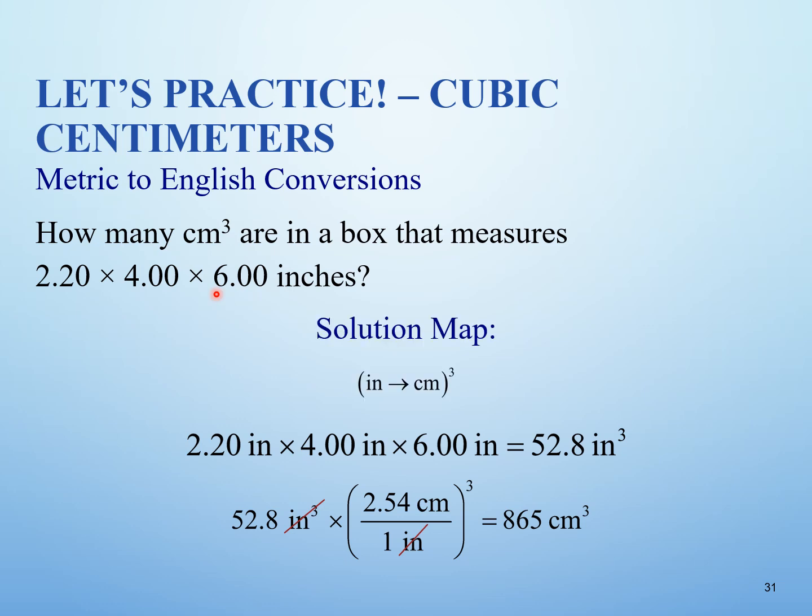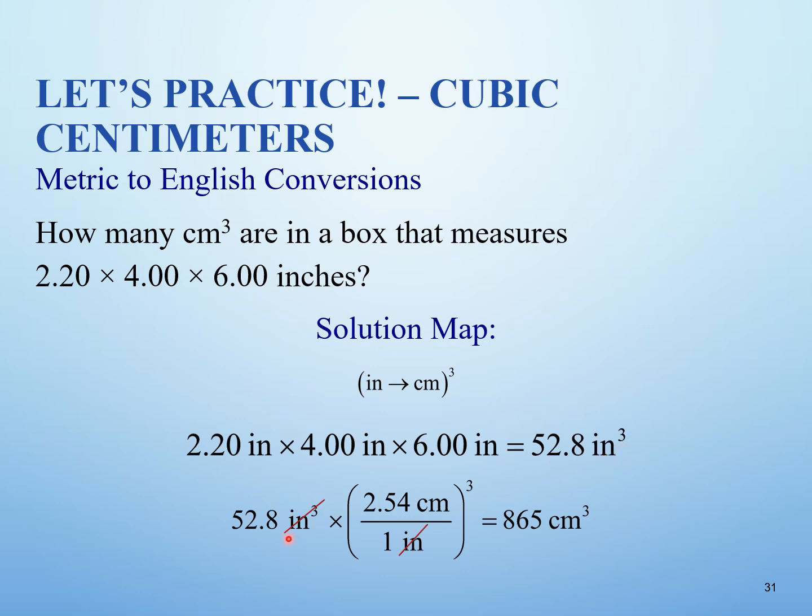All right. So if you ever have to do volume, like centimeters cubed here, and you have inches, you've got to remember that with inches and centimeters, if you're doing cubes of it, you can actually cube everything, the number and the units, okay? So we will cube the whole entire term. So in this case here, if you get an answer of 2.20 times 4 times 6 inches, you get 52.8 inches cubed.